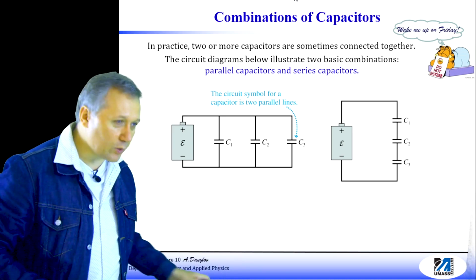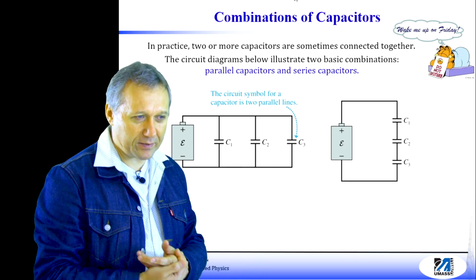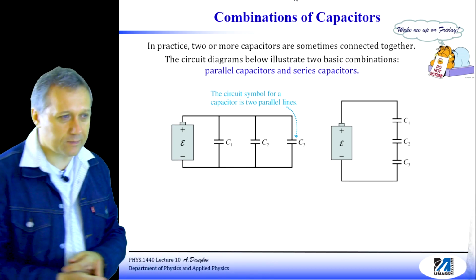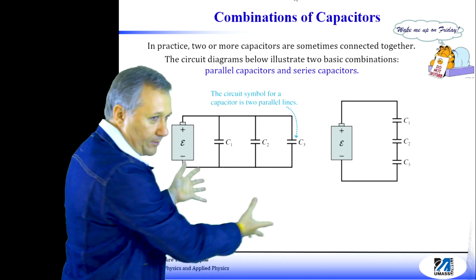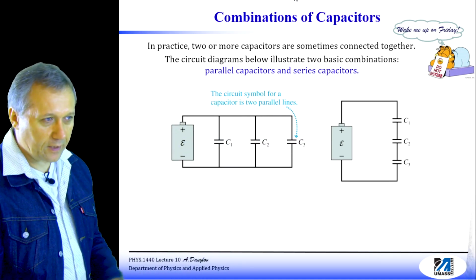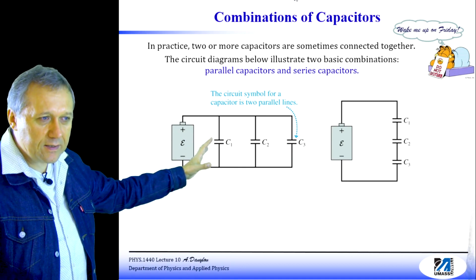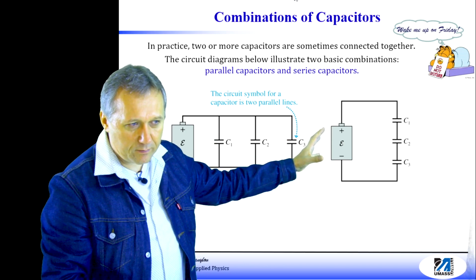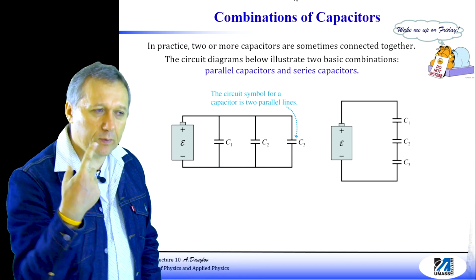Okay, so now, what's the idea behind this method of an equivalent capacitance? The idea is this. Here in the first picture, we have a bunch of capacitors, three connected like this. The idea is we need to replace these three capacitors with a single capacitor, which we are going to call the equivalent capacitor.